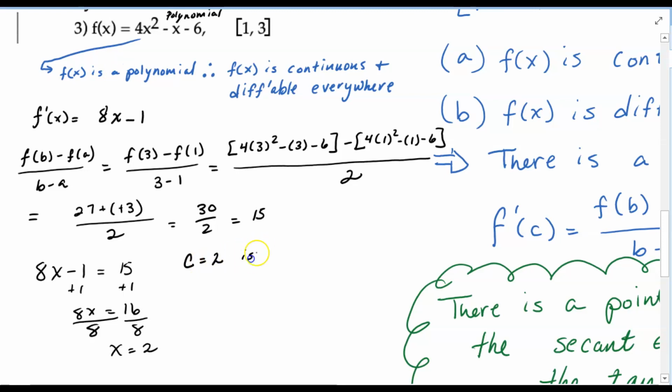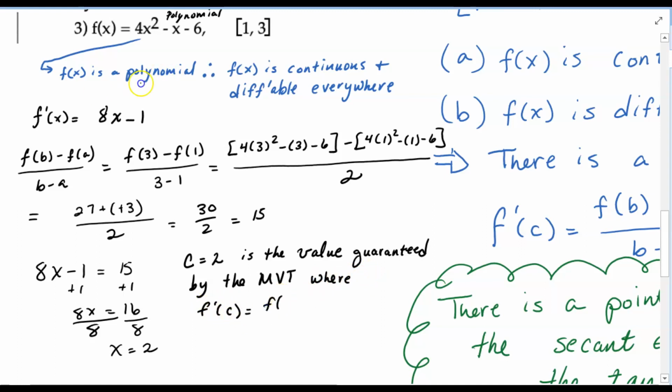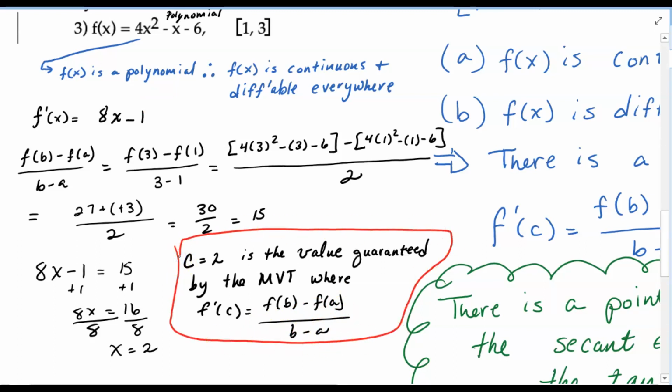So c equals 2 is the value, and that's what I write as my justification, is the value guaranteed by the mean value theorem, and I'm going to abbreviate MVT. It's very common in a lot of books. The MVT, where f prime of c equals f of b minus f of a all over b minus a. So that right there is what's going on with this. So that's the first question, really nothing to it.